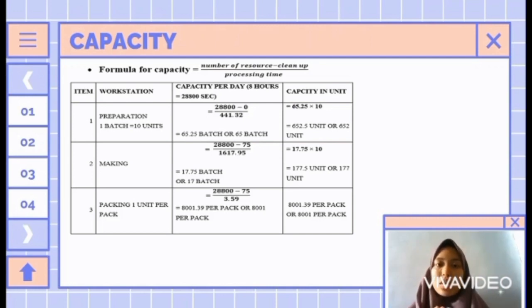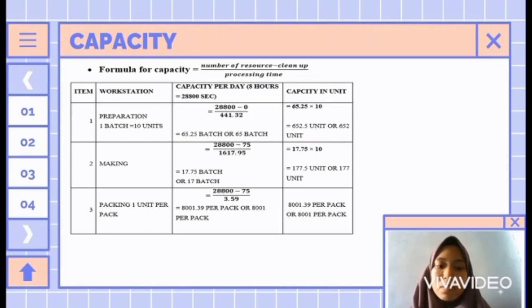We need to calculate the capacity per day for roti gulung sardin. So that is 8 hours per day, equal to 28,800 seconds. After we calculate, the capacity per day for workstation preparation is 65.25 batch or 65 batch.